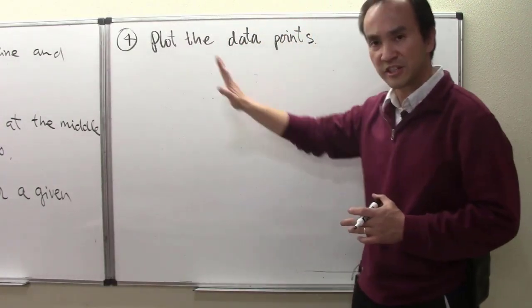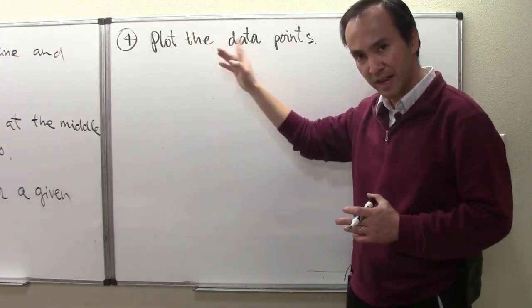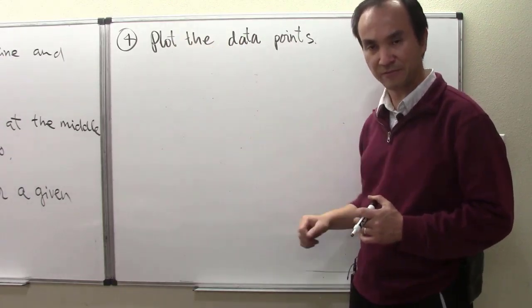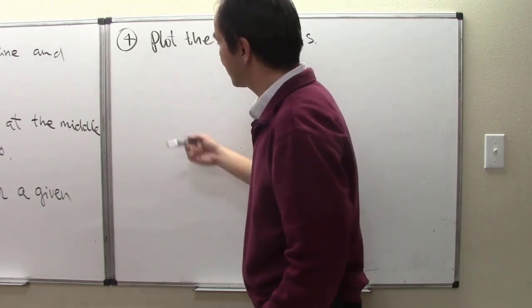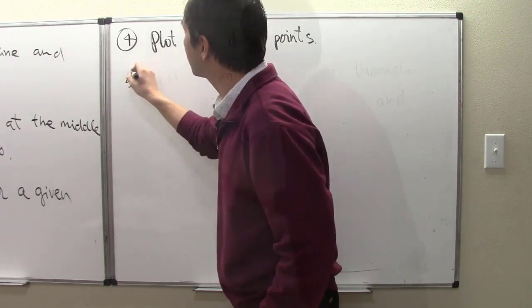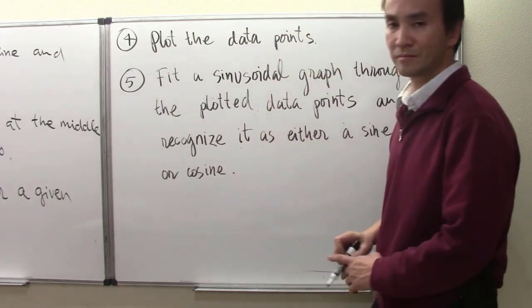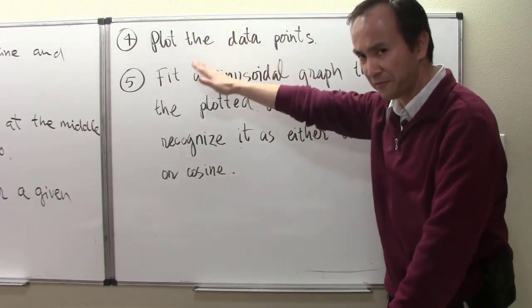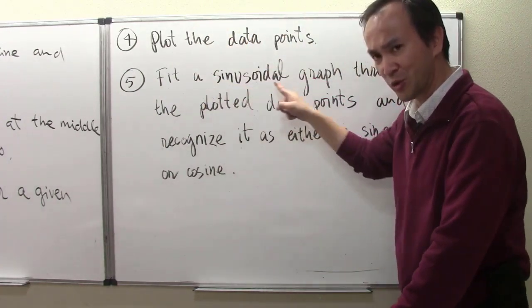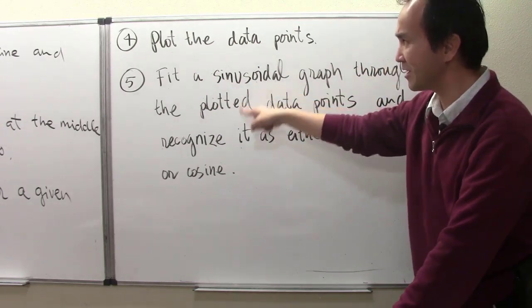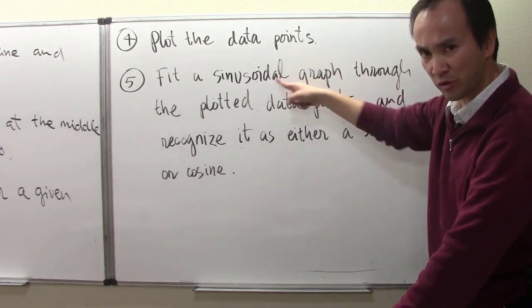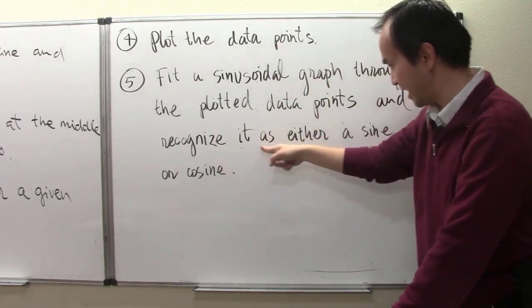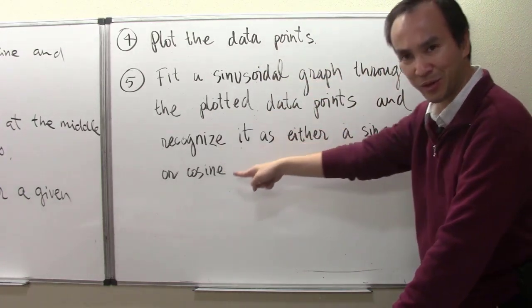Now the fourth step is to plot all of the given data points on the graph that we have created. And in step 5, we fit a sinusoidal graph through the plotted data points from the previous steps. Then from that sinusoidal graph, we can recognize it as either a sine or a cosine.